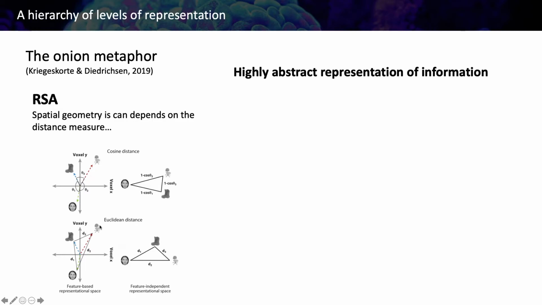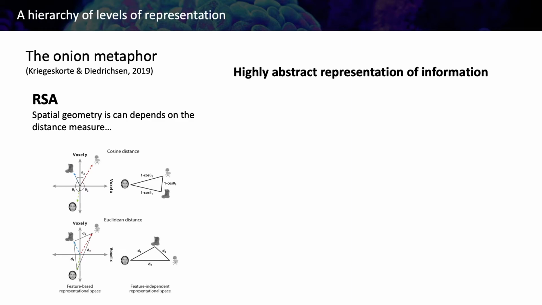But if you take a Euclidean distance, then you are considering both things. The magnitude is scaling up the distance of the red category, in this case the chair, with respect to the others. So depending on what distance measures you are using, maybe your representational space can slightly change. It's not going to change dramatically, but it can change a little bit.